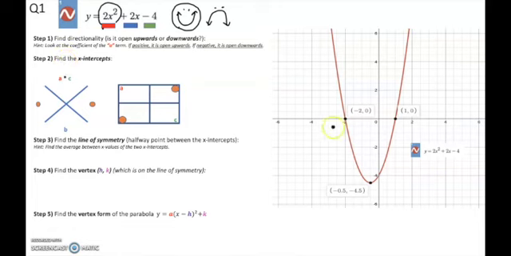Now to do that, we know that the x-intercepts will all have a y coordinate of 0. So let's set y equal to 0 and have that equal to the trinomial here. Let's find the x-intercepts by factoring. A will be 2x squared.